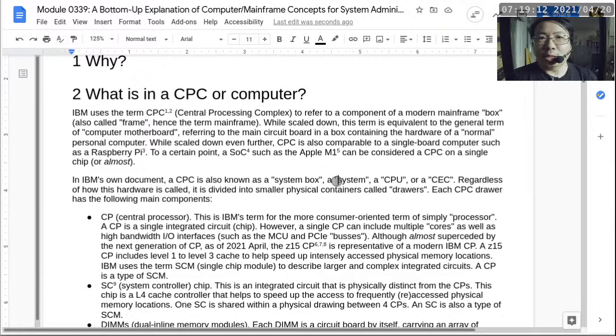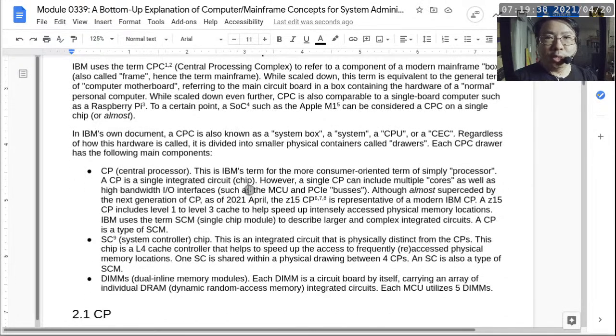But regardless of how it is called, the CPC is divided into smaller containers called drawers, which is physically a drawer too, but it is a subcomponent of the CPC, or it's the smallest physical enclosure that makes up the CPC. Each CPC drawer has its own components.